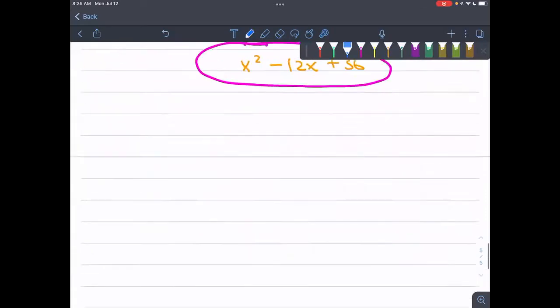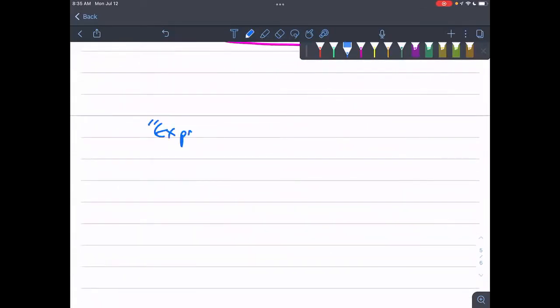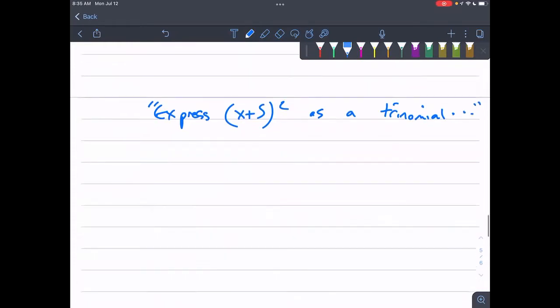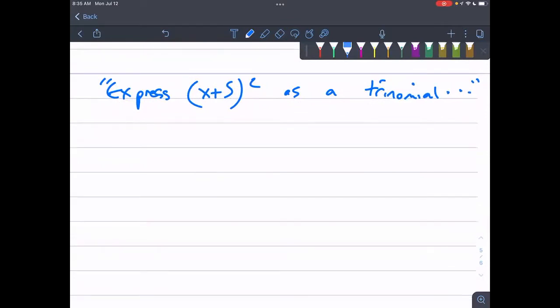All right, so one more, nothing new here. Express x plus 5 squared as a trinomial. So I'm just going to go through the same motions as the last one. You might see if you can get to the answer before I do. So x plus 5 squared, that means we're just taking it times itself. And we'll distribute the x times x, times 5.